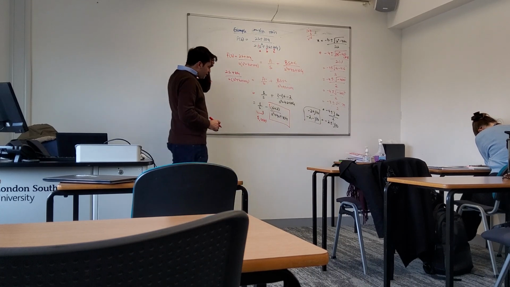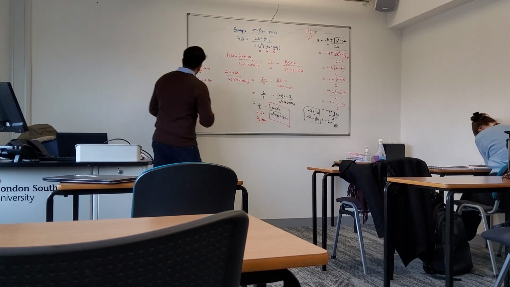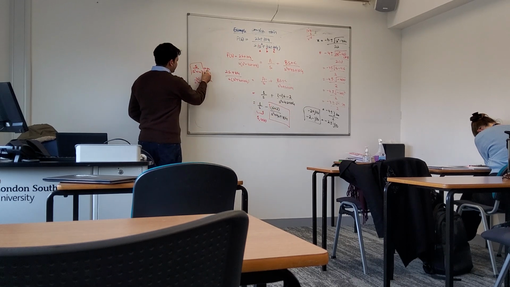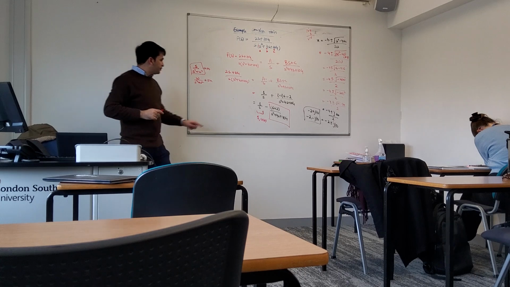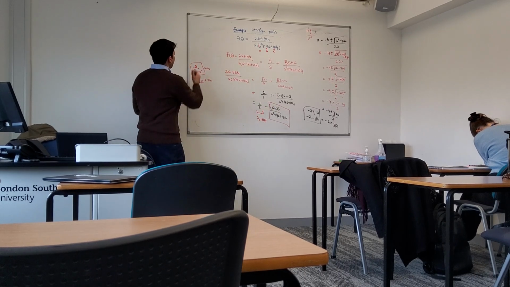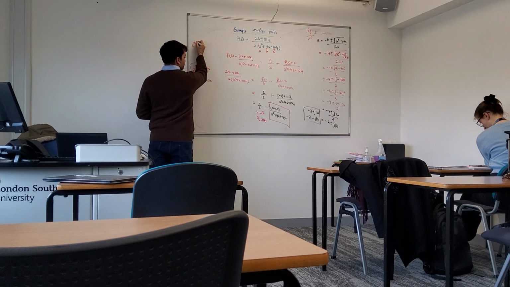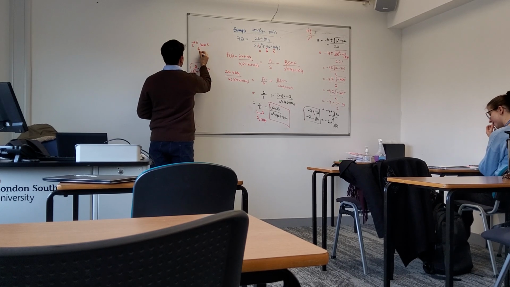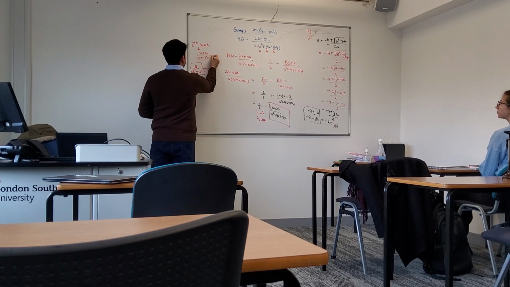But now looking at this, I could get a shape like this. Why? Because we have s on top. And if we have e power minus at cos of omega t, I know it's just shifting s by a, s plus a.